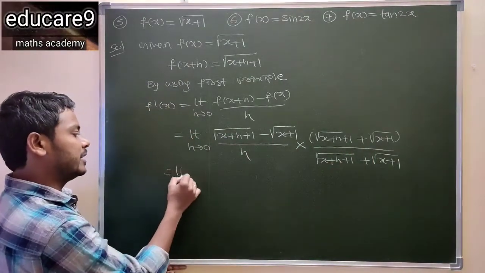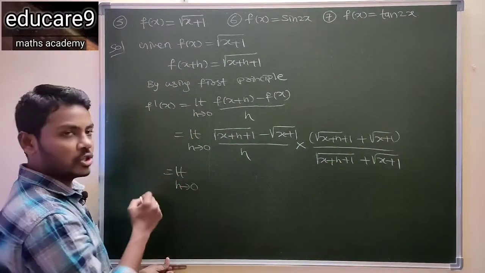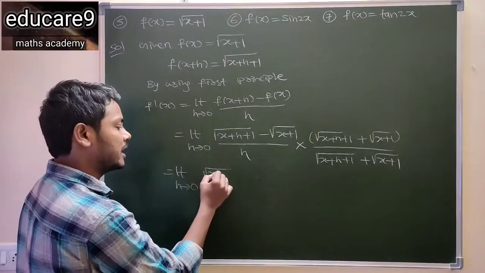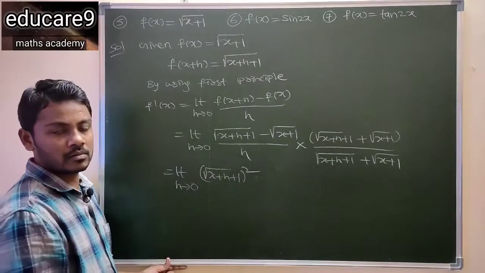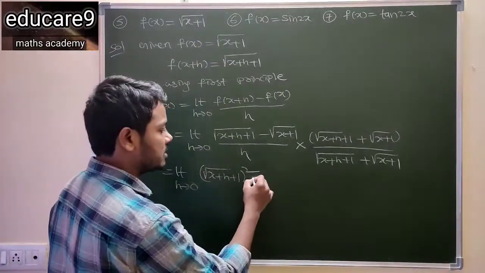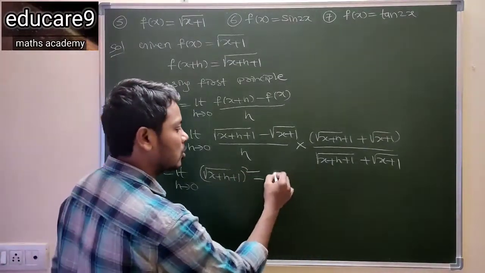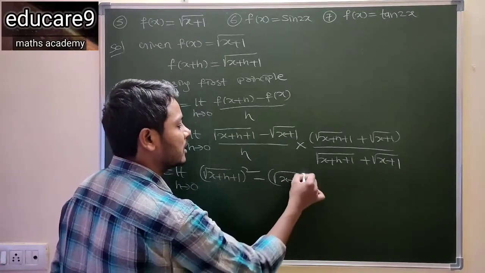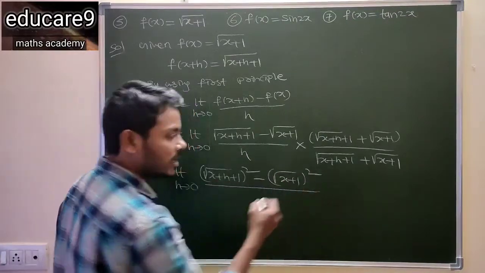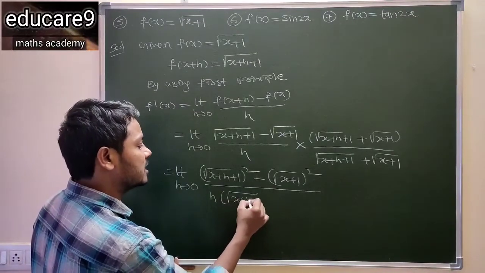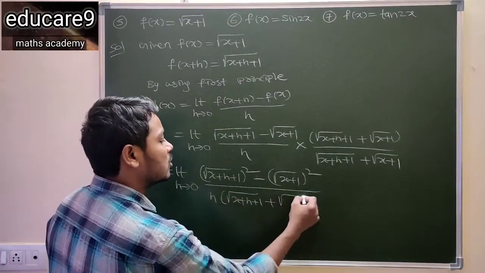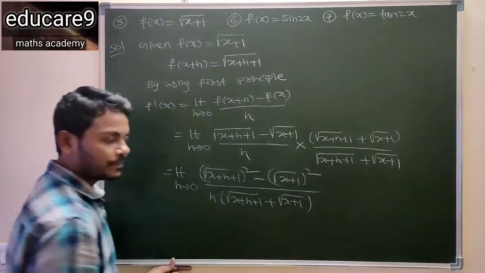So here that can be written as limit h tends to 0 root x plus h plus 1 whole square minus root x plus 1 whole square, divided by h into root x plus h plus 1 plus root x plus 1.